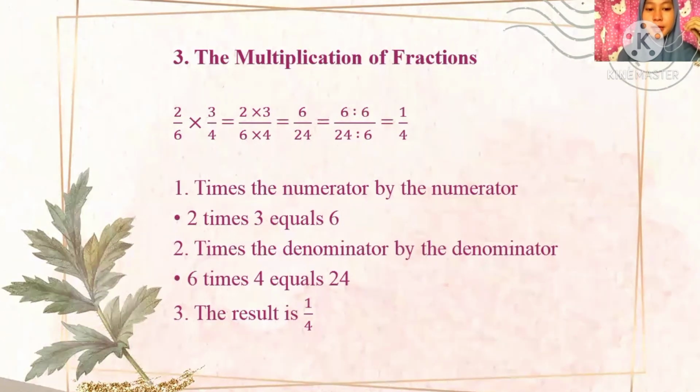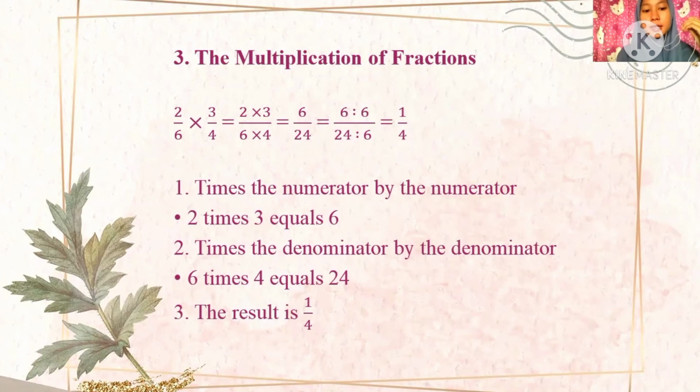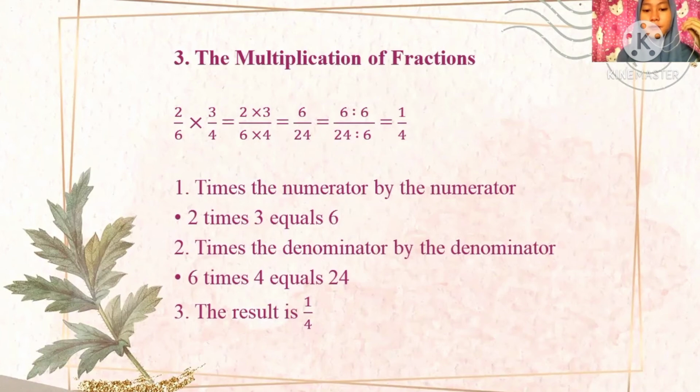The steps are, times the numerator by the numerator. 2 times 3 equals 6. Times the denominator by the denominator. 6 times 4 equals 24. The result is 1 over 4.